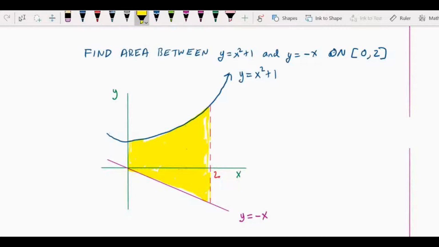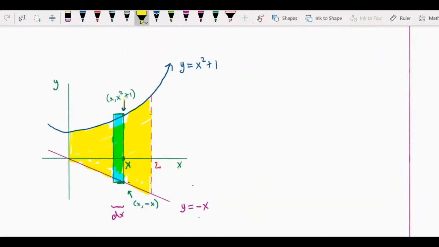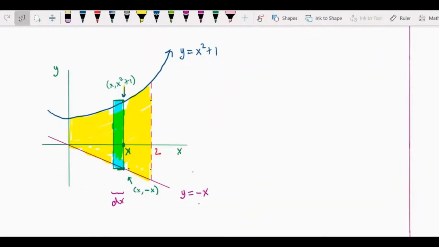And we want to find that area on the interval 0 to 2. What we need to do is find the height of one typical rectangle that runs between those two curves. So I've drawn that in here in this diagram. You can see that the blue rectangle is what we would call a typical rectangle, and we simply have to find its height.